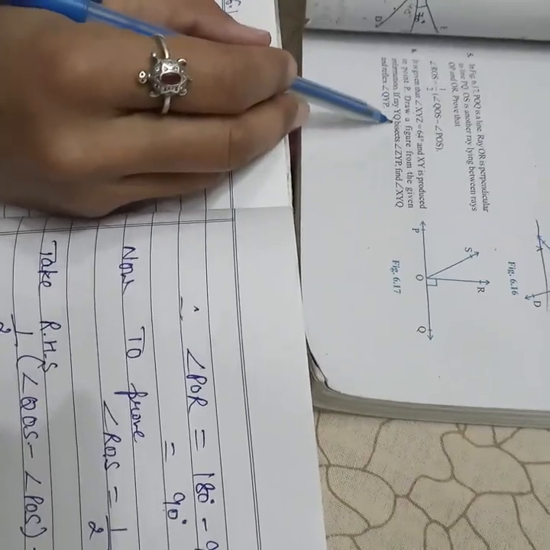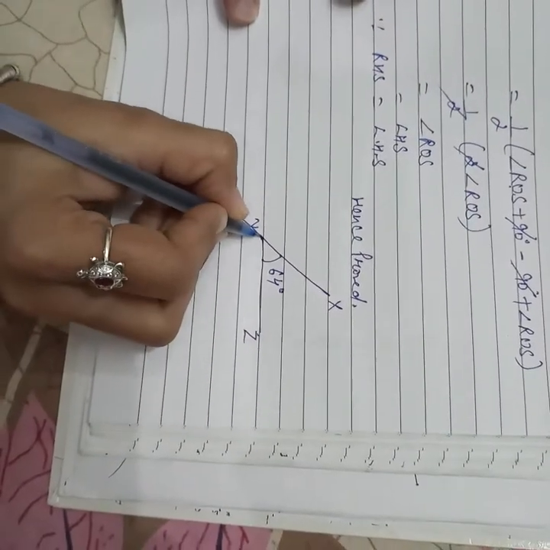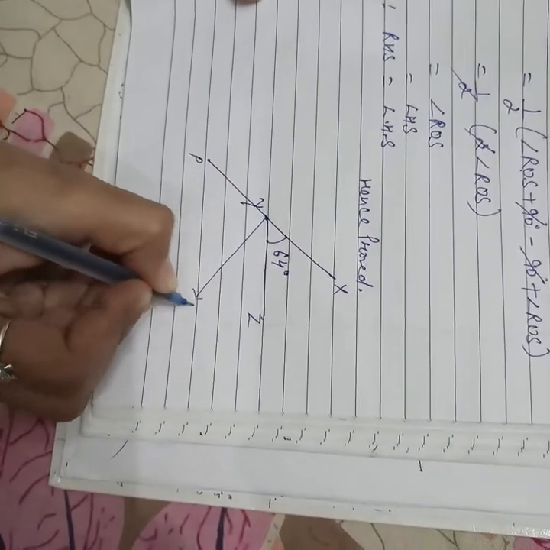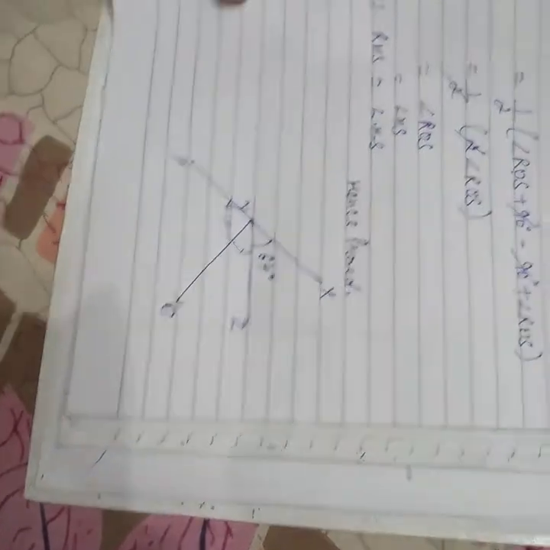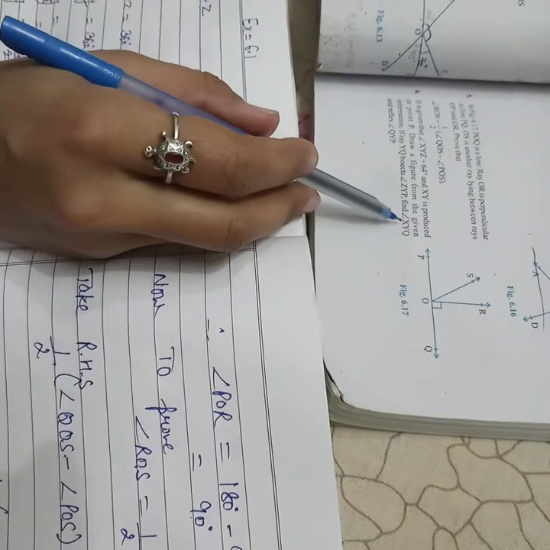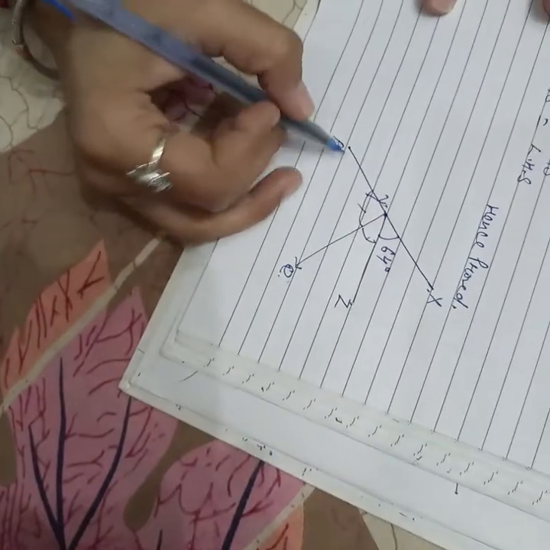If ray YQ bisects angle ZYP, here ZYP and ray YQ bisects it, that is these angles are equal, find XYQ and reflex of QYP.